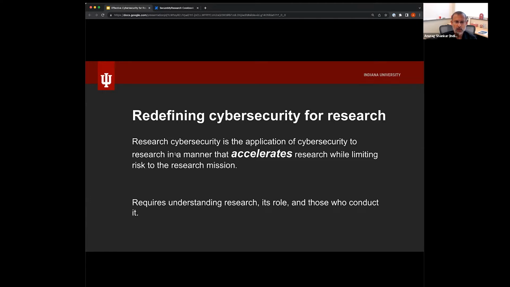The way we define it is in terms of something that accelerates research and deals with risk, but its primary function is to accelerate research. And in order to do so, you have to understand the research and the role it plays in the institution, and also the researchers, the people who conduct that research.